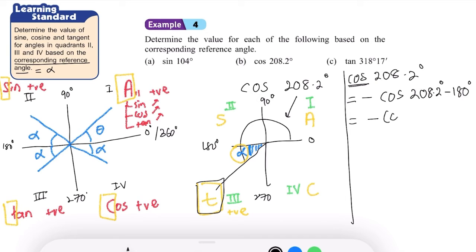So it is equal to negative cos 28.2 degree. Then just put negative at the front and push our calculator, cos 28.2 and equal. Then you will get 0.8813.